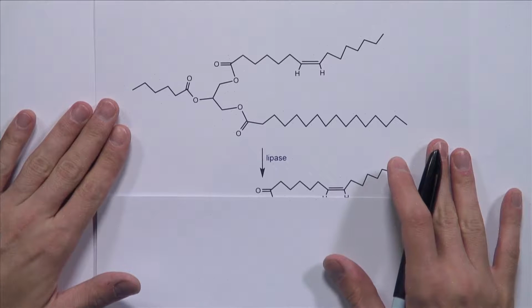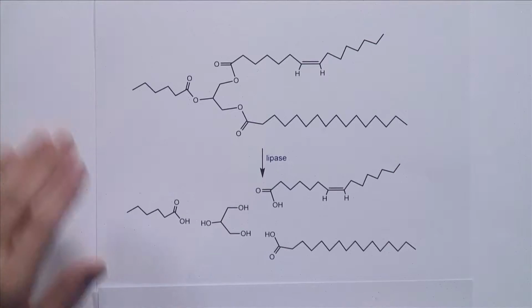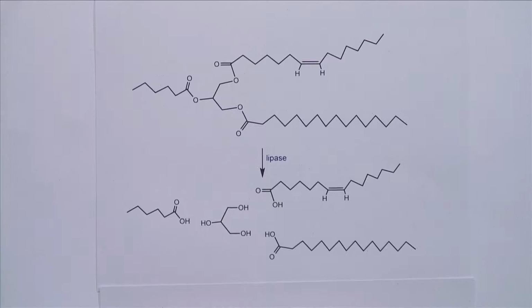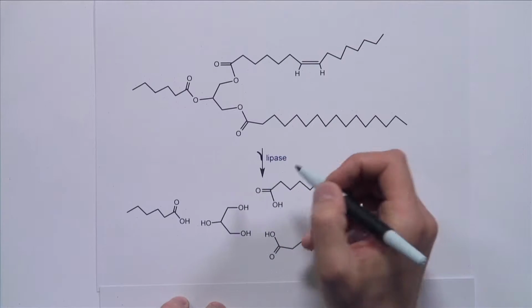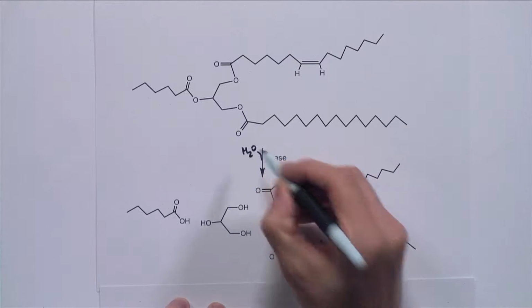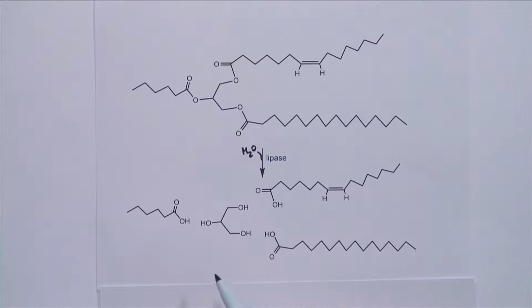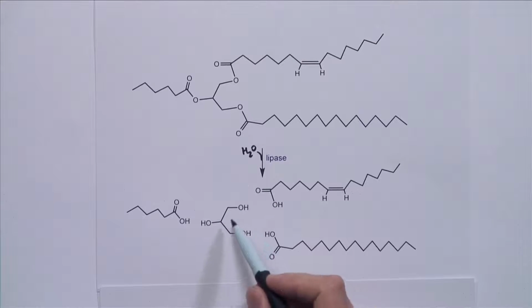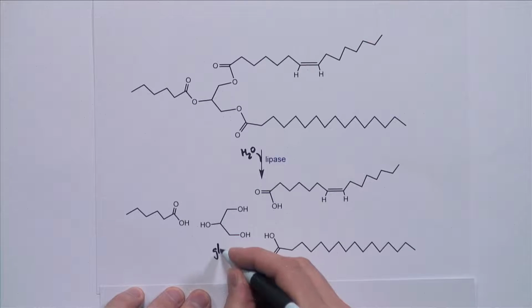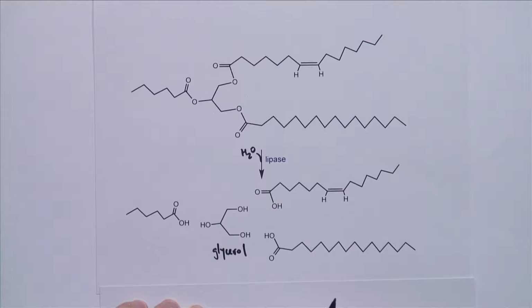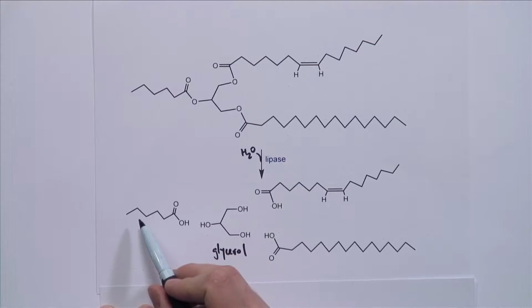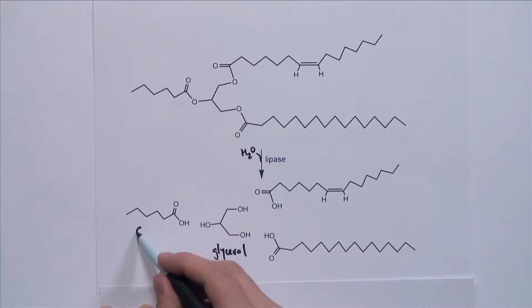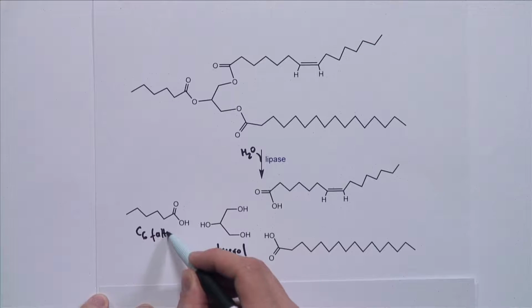Now when this molecule gets metabolized, it's going to be acted upon by an enzyme called the lipase. It's going to hydrolyze the molecule into its constituents. Obviously, the lipase is going to use water molecules, and it's going to break it down into glycerol, shown here. Glycerol, then this fatty acid that has 2, 4, 6, a C6 fatty acid.